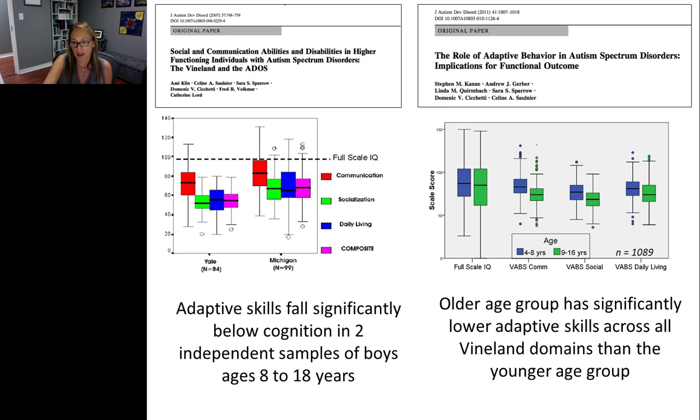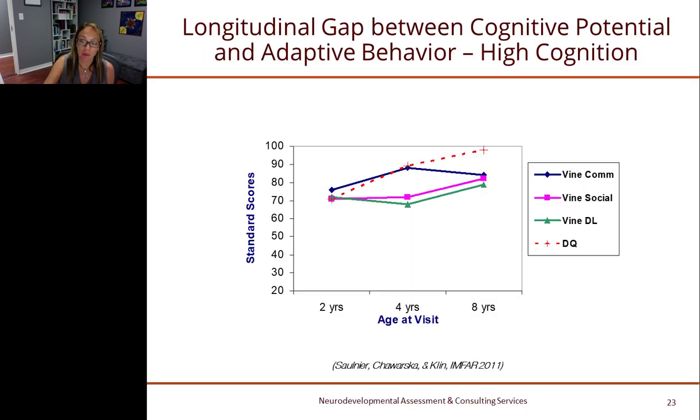Yet when you look at adaptive domains, communication, socialization, and daily living, the younger group had higher adaptive skills than the older group, meaning the gap between cognition and adaptive functioning was wider in the older versus the younger individuals. That was not a longitudinal sample, so there could have been cohort differences.